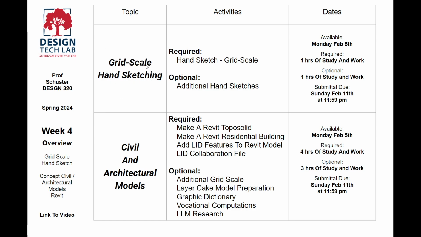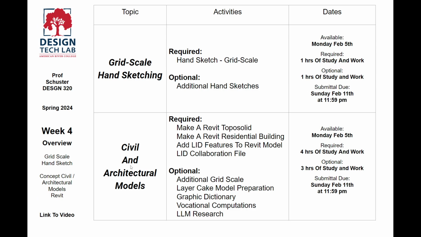So we'll take a drawing, put a grid on it, and copy it onto another grid that's either larger or smaller, and that way you get a scale version of your image. That's going to be our first required thing to do, and shouldn't take too long, about an hour of study and work, and then there are optional ones to do that have even more.